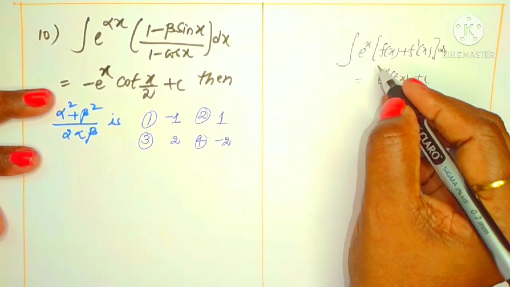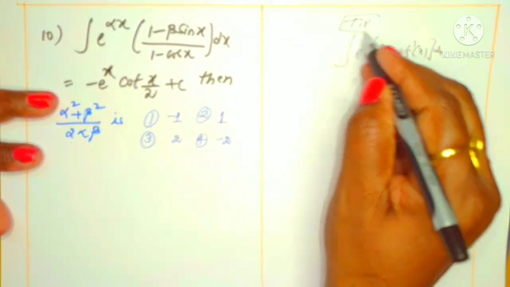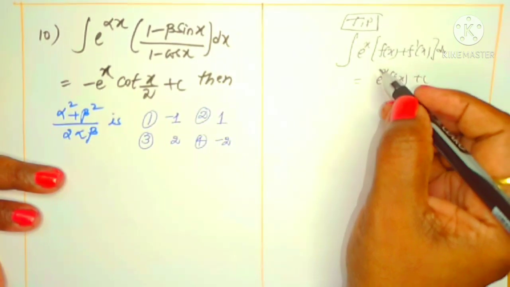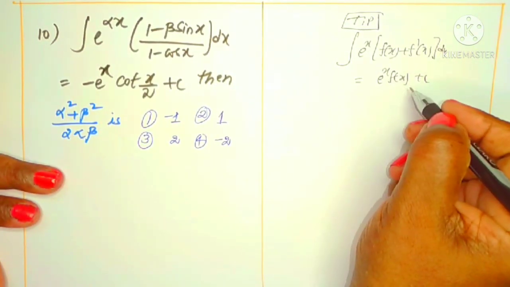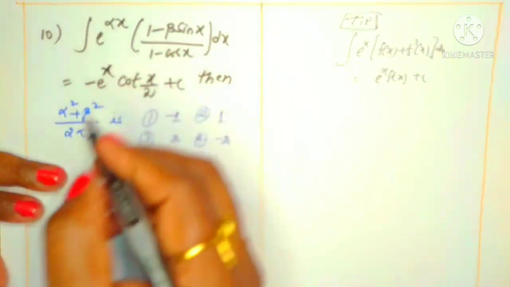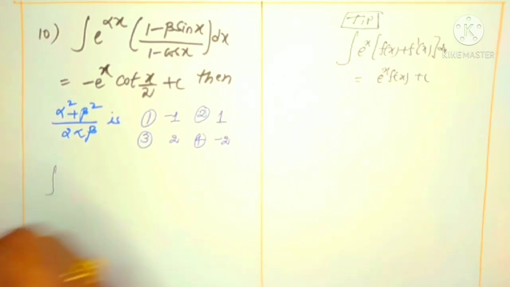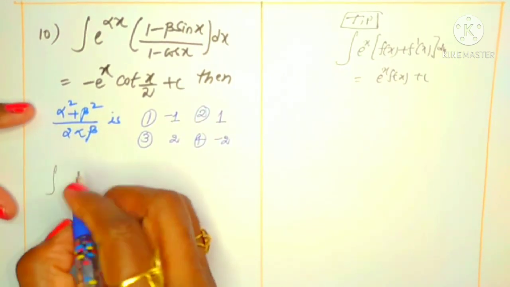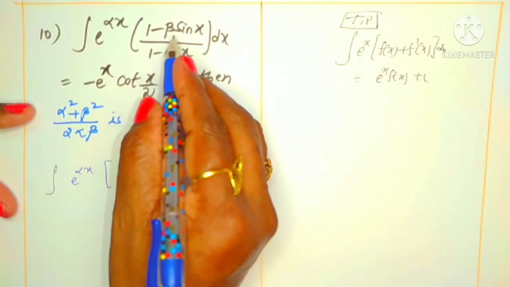This is one of the super tips, so we use it in objective as well as subjective questions. We have to convert this into that form. How can we use it? First of all, e power alpha x is as it is. On the numerator, 1 minus beta sin x.